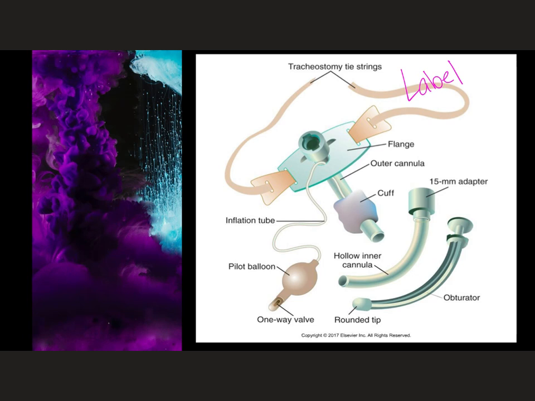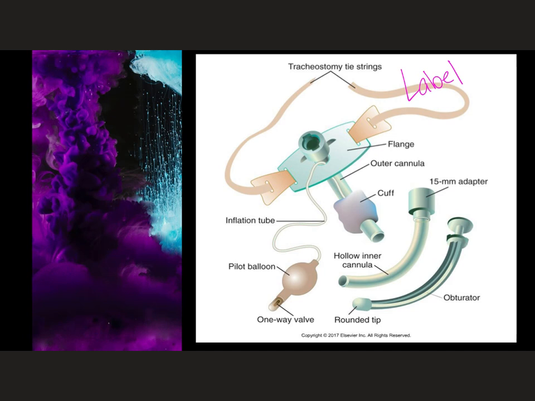If you have an accident and the pilot balloon is torn off, that cuff will not hold any air. So then it'll cause leaks, and that tube needs to be replaced, or you can have a pilot balloon repair kit.